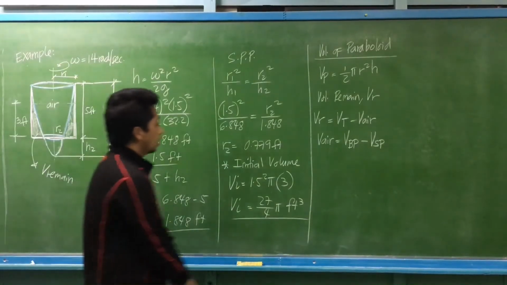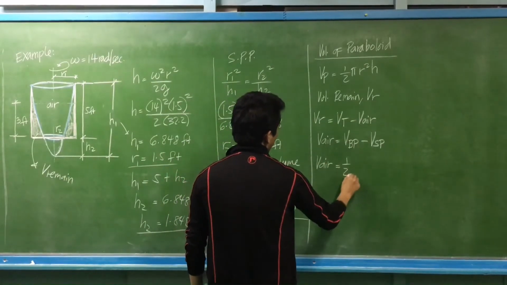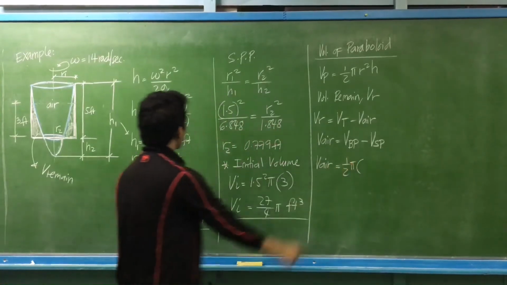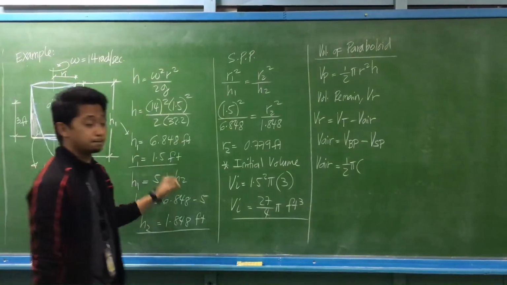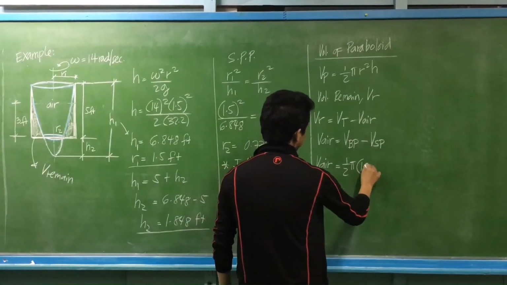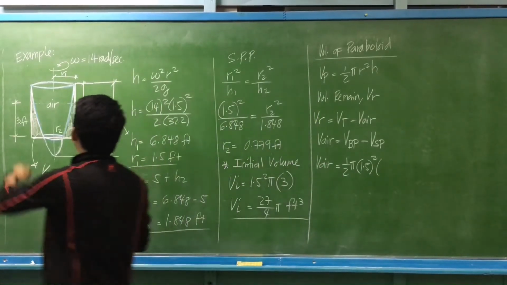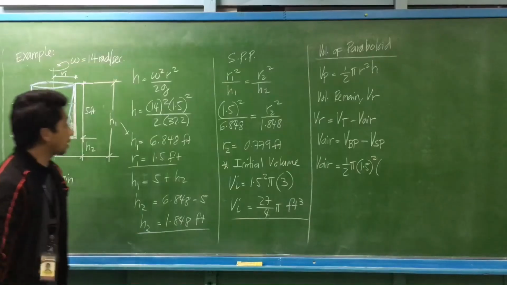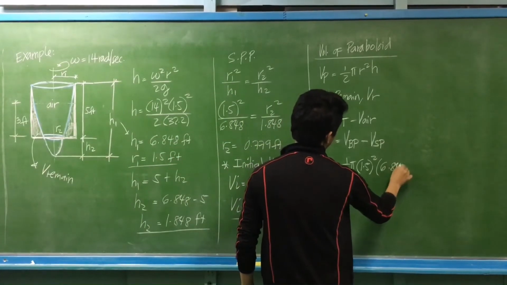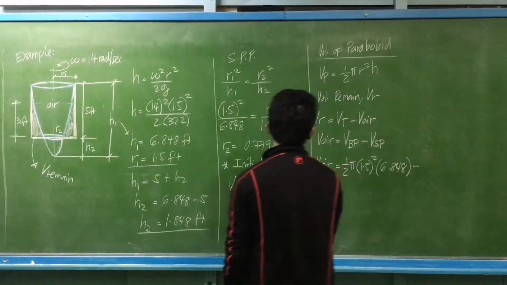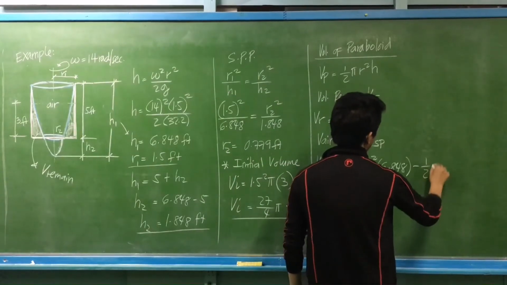And let us compute. We have the volume of air inside the tank. That is 1/2 pi. What is the radius of the larger paraboloid? That is R1, that is 1.5. That's 1.5 squared times the height of the larger paraboloid, which is 6.848, minus the smaller paraboloid, 1/2 pi.